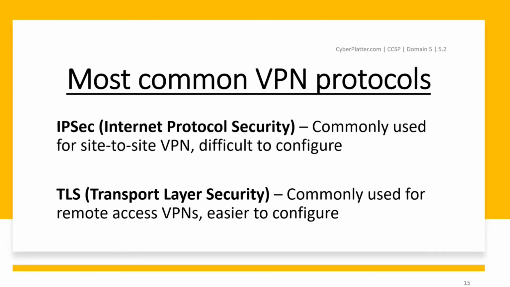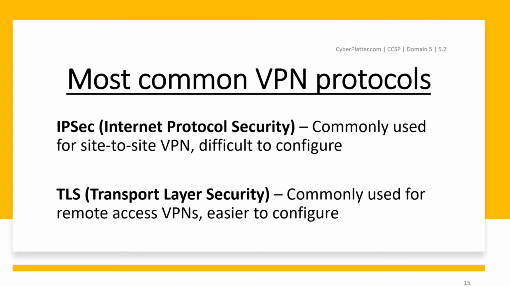For many years, most VPNs used a protocol called IPSec, Internet Protocol Security, to create these encrypted tunnels. IPSec VPN works at the network layer of the OSI model. It provides robust secure transport, but it's often difficult to configure and may be blocked by firewalls. For that reason, IPSec is often used for static site-to-site VPN tunnels but is becoming less common for remote user VPNs.